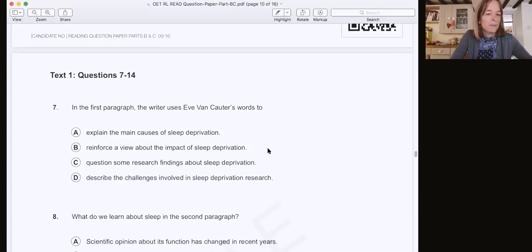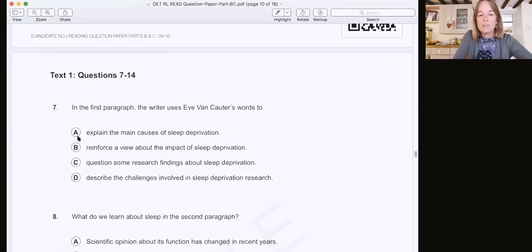The first question: in the first paragraph, the writer uses Eve van Coulter's words to A, explain the main causes of sleep deprivation, B, reinforce a view about the impact of sleep deprivation, C, question some research findings about sleep deprivation, and D, describe the challenges involved in sleep deprivation research. It's much easier if you have all this in front of you, because now we're going to have to scroll up and see if we can find the answer.